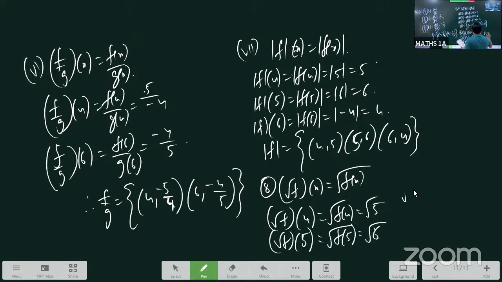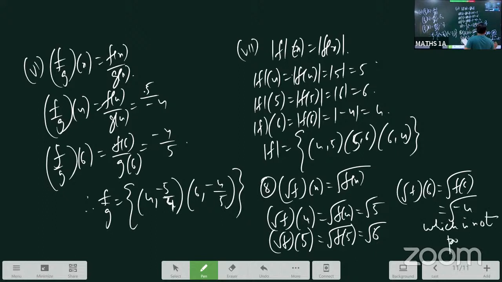And root f of 6, that is root minus 4, which is not possible. Why is it not possible? Inside the root, I cannot get a negative value. Is it clear? So for your root f, I will have 4 comma root 5 and 5 comma root 6.